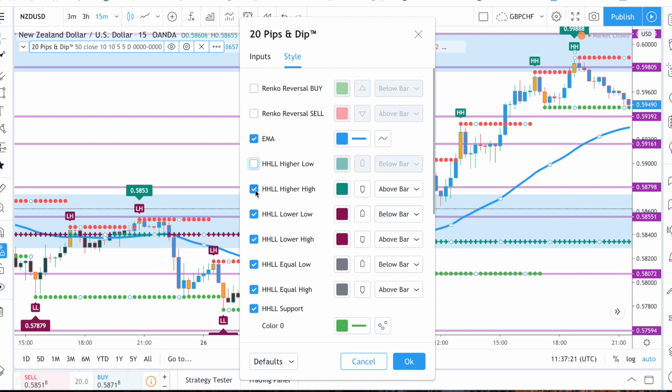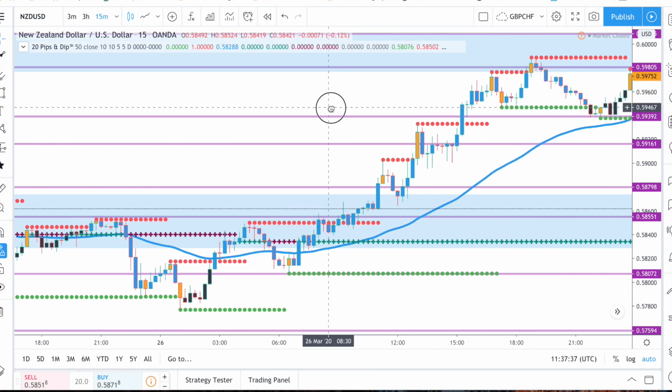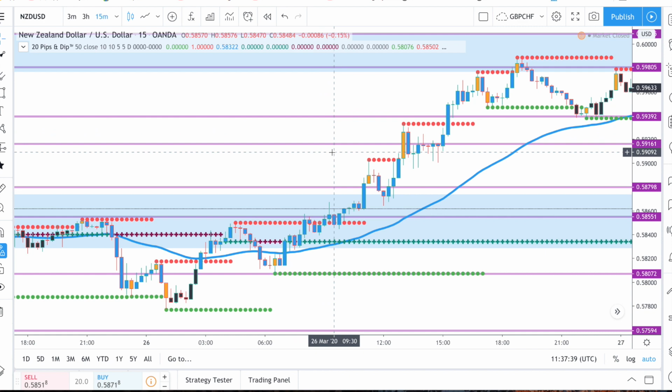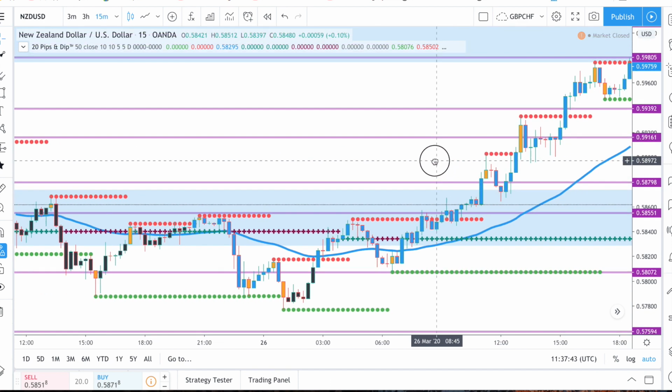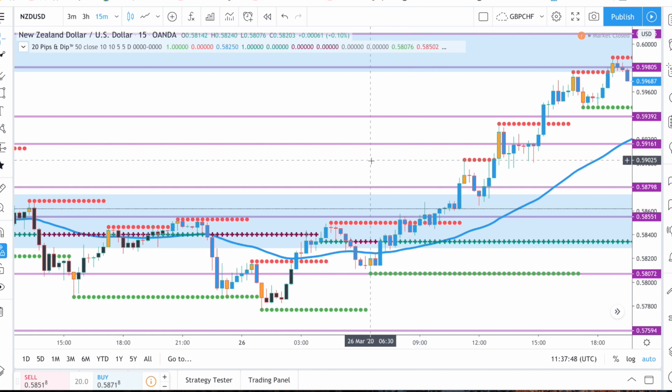So if you already know how to identify your higher highs and your higher lows, you can unclick it, and now it literally clears up your pip and dip indicator, making it a lot easier for you to trade and find potential setups. So hopefully this was a great video, to give you guys a little introduction about the pip and dip indicator, how it applies, how you should look for possible entries in the market.